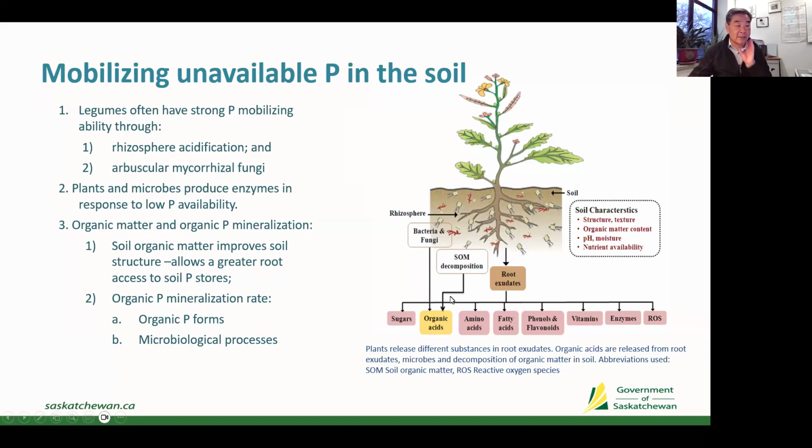Plant roots and microbes are able to exude sugars, amino acids, and fatty acids. So organic matter and organic P mineralization is another source where P availability comes from.